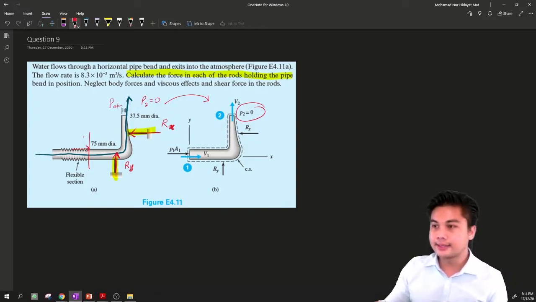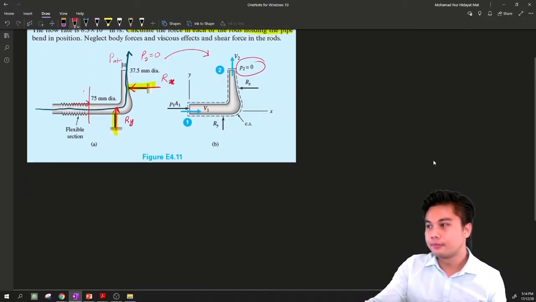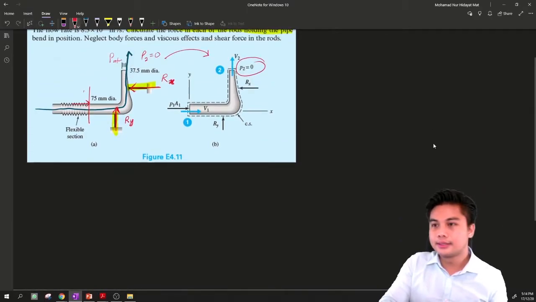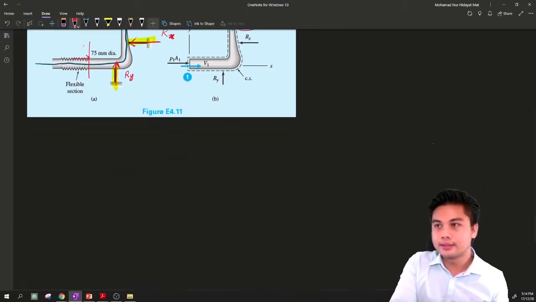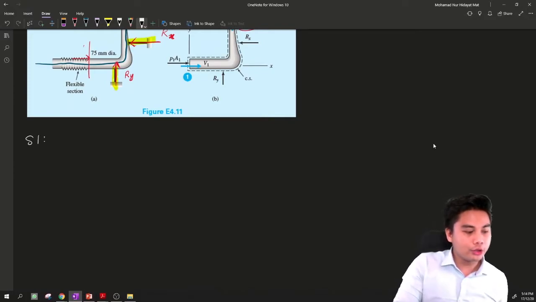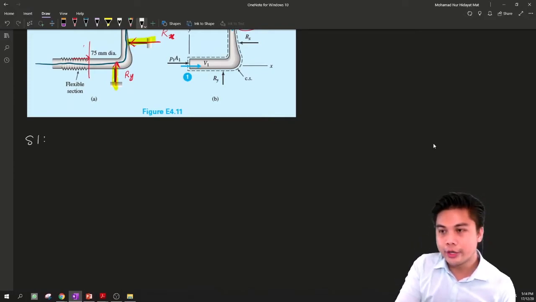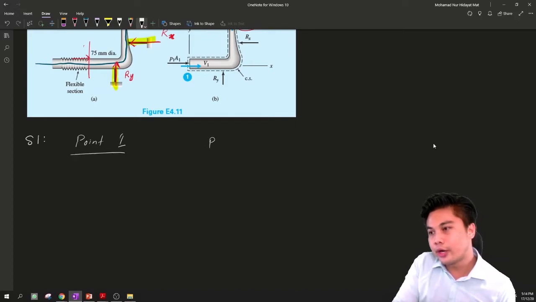From this case, step number 1 is we need to list out point 1. What happened at point 1, as well as point 2?